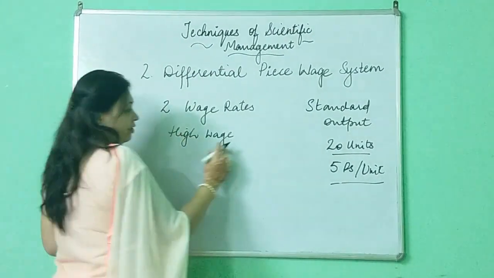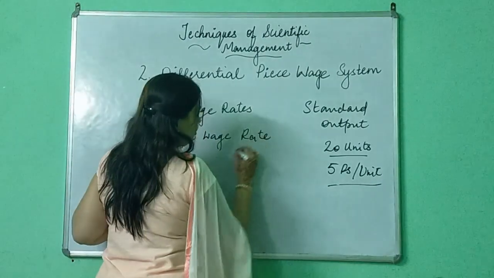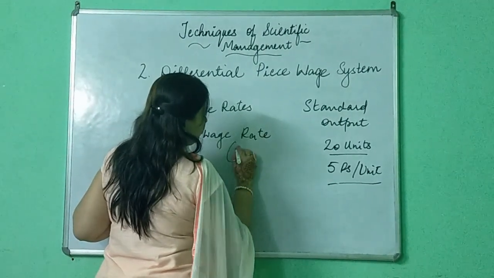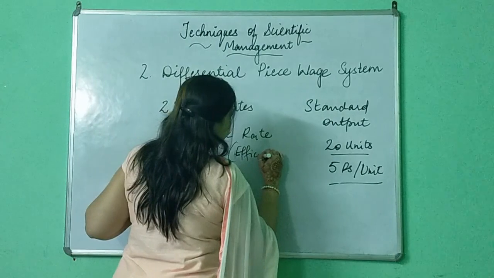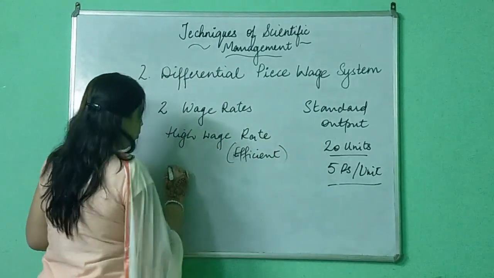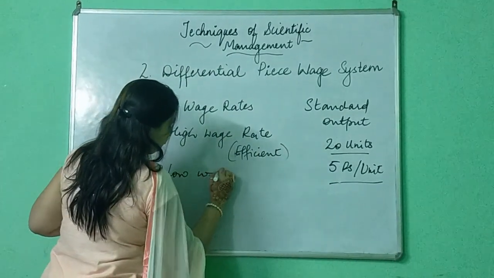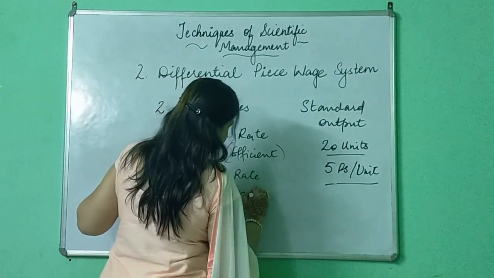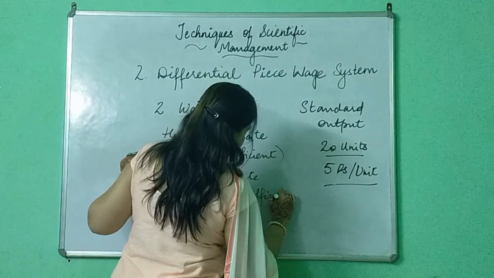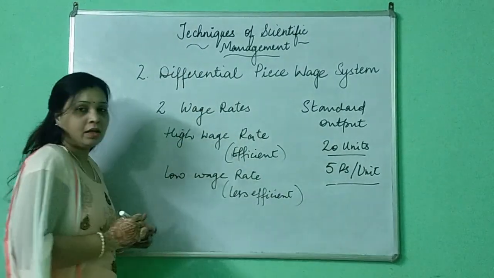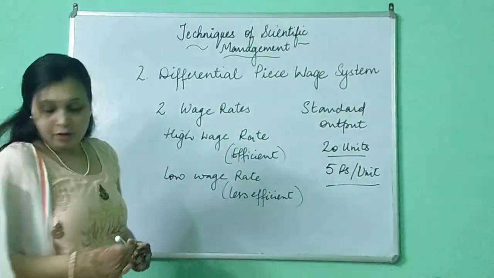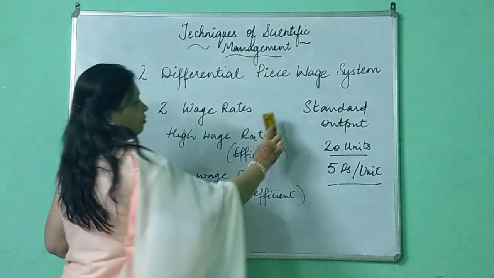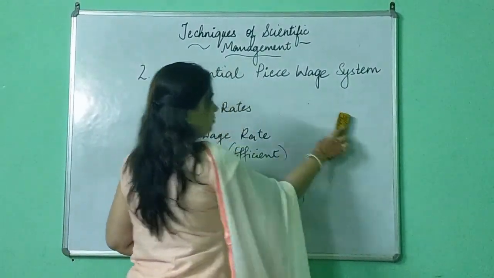One is the high wage rate, which is for efficient workers, and the other is the low wage rate, which is for less efficient workers. Now let's see the difference.